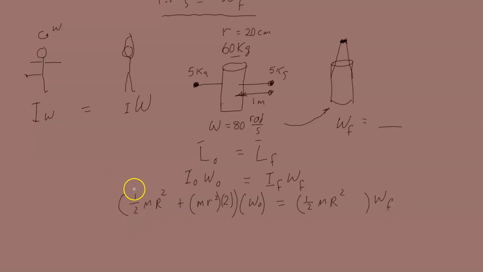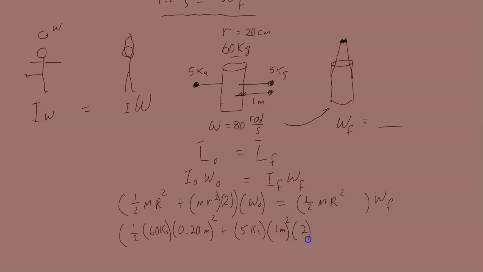All right, so let's see what we got. We got 1/2 the mass of the torso, 60 kilograms, times the radius of the torso, which is 0.2, squared. Plus, we got the mass of the hands, which is 5 kilograms, times the distance away from the center of the torso, 1 meter, squared.